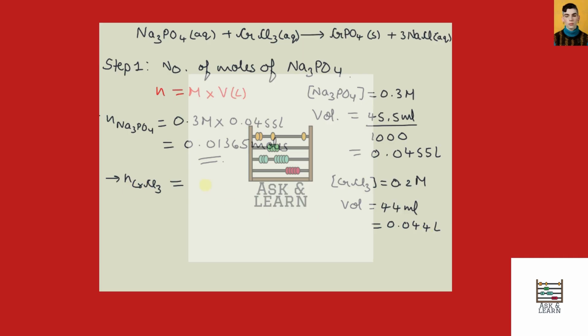So now let's put the value over here in this formula. So here the molarity is 0.2 molar multiplied by the volume, which is 0.044 liter. So by calculating it, we'll get the number of moles, and it is equal to 0.088 moles. So this is the number of moles of CrCl3.